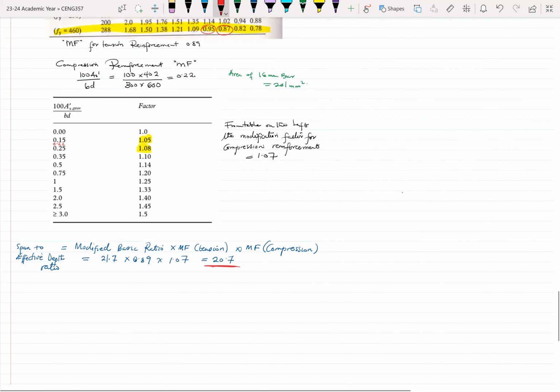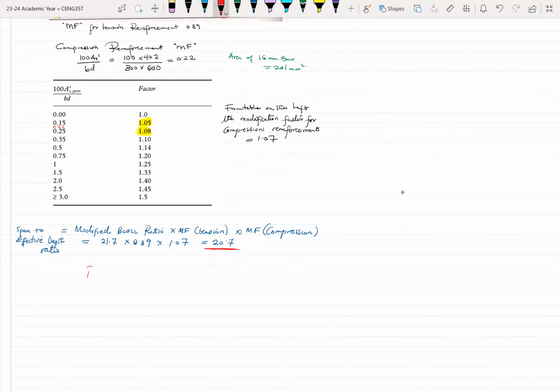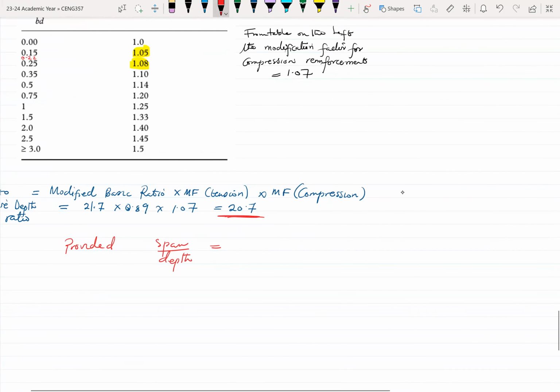All right. So let's calculate what we got from the size of the beam and see if we are adequate or not. What we provided was that our span to depth ratio, the span was 12 meters, so it becomes 12 times 10 exponent 3, and then our depth was 660 millimeters. All right.